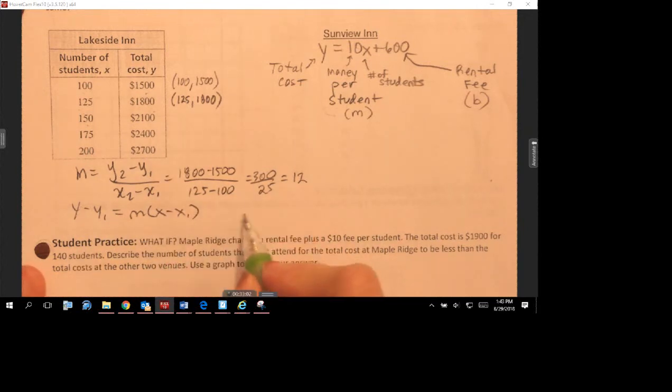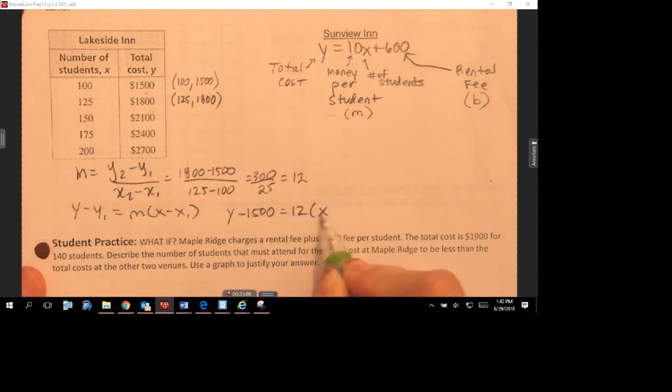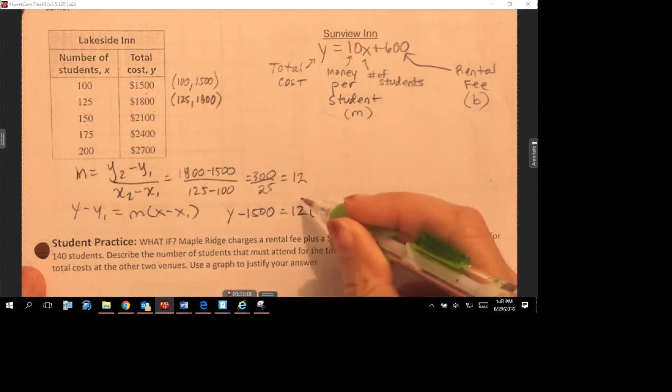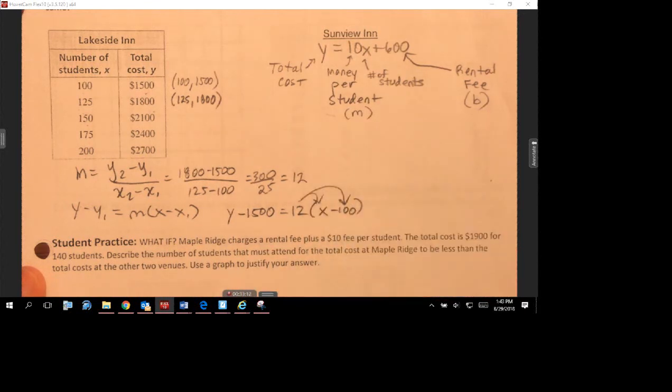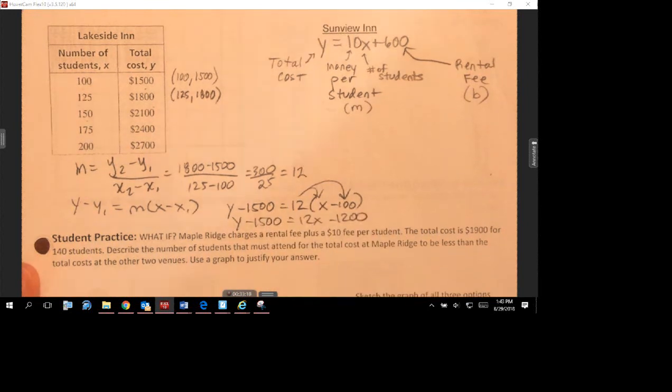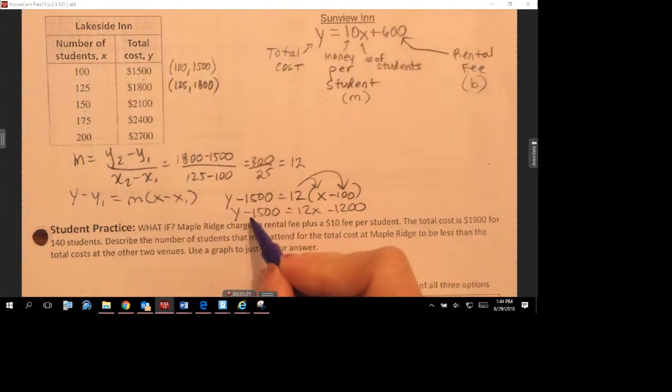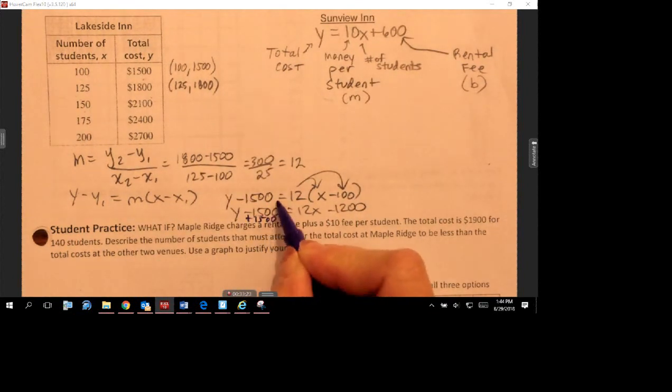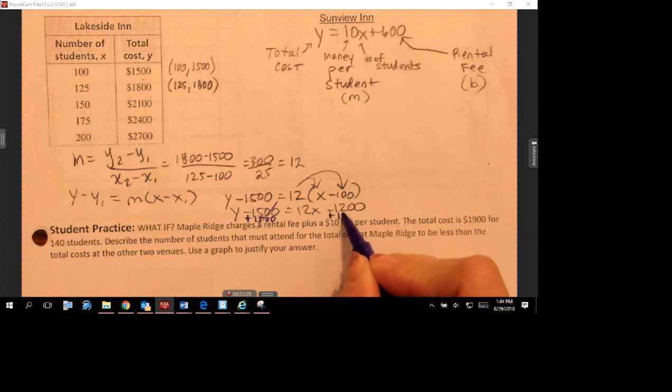So we will do y minus 1,500 equals 12 times x minus 100. So I distribute and I get 12x minus 1,200. Now add 1,500. Cancel that out. Add 1,500.